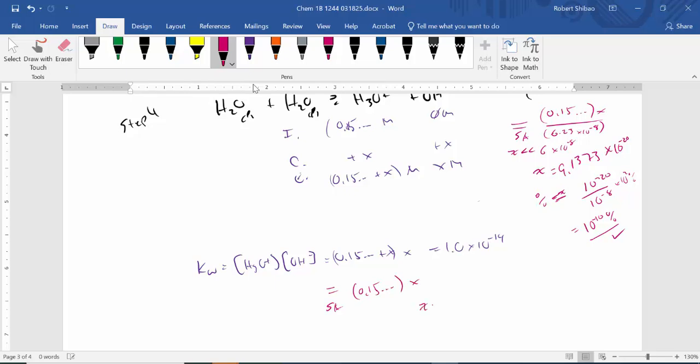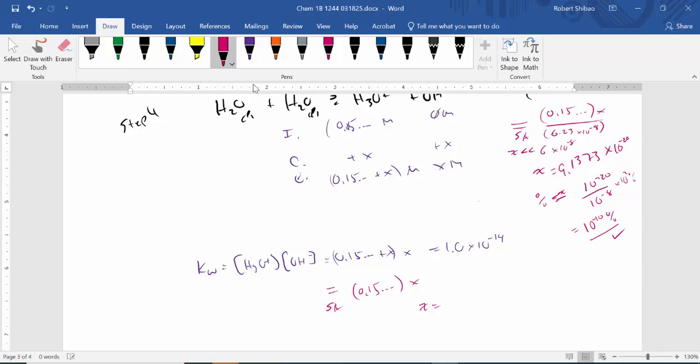And therefore X is equal to, and I'm going to punch in the whole number here. Maybe I'll punch in the whole number if I can remember it. So it's going to be 1 times 10 to the negative 14 divided by 0.15, and then there were 5 zeros, and then a 623, and then another 9 zeros.